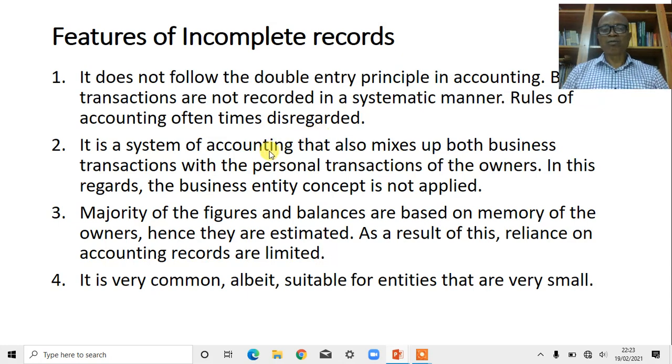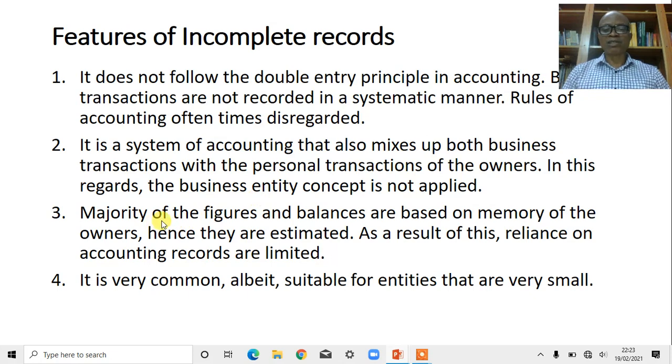Number two, it is a system of accounting that mixes up business transactions with personal transactions of the owners. In most cases, the transactions of the owners are not differentiated from the business transactions, which means the business entity concept is not being applied.